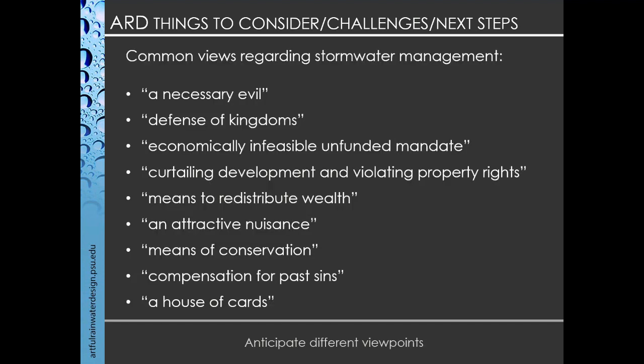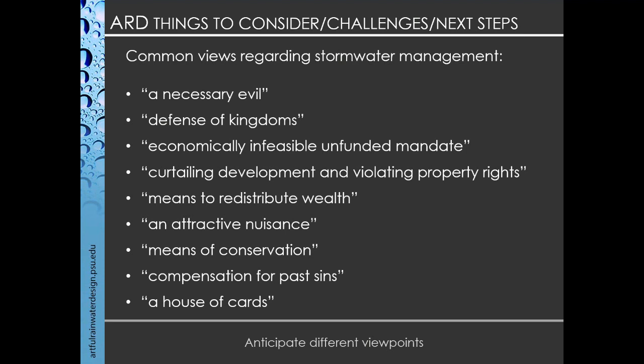So one more thing that I just want to share before I move to the next subject. This is about the idea of what people think of green infrastructure. And we did a study about 2 years ago, and these are the views that people had in their interviews with us.